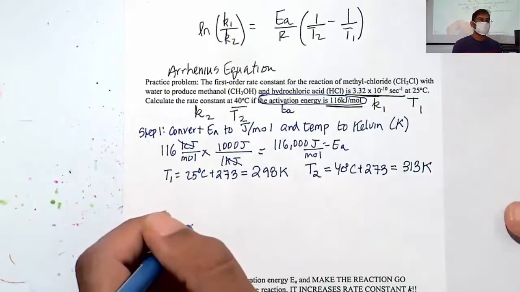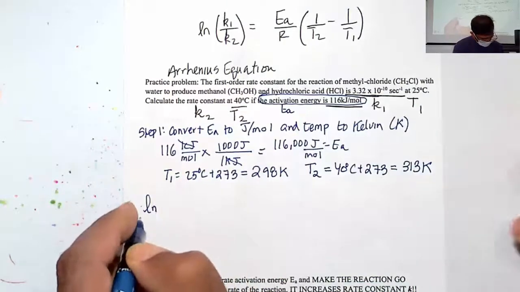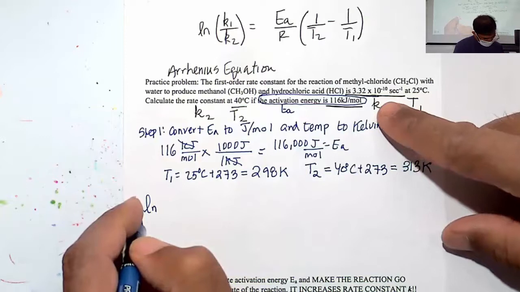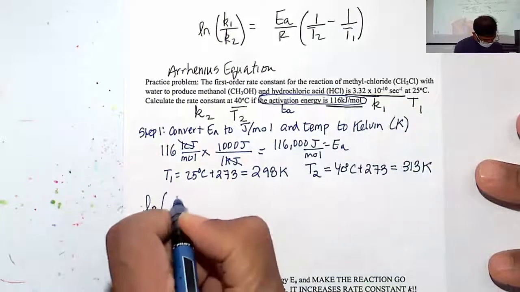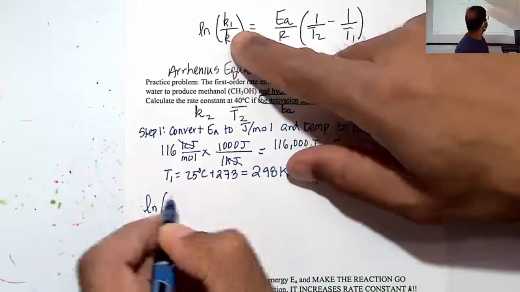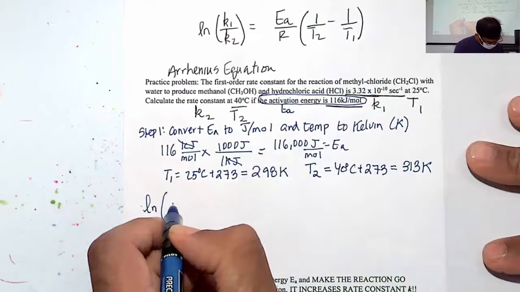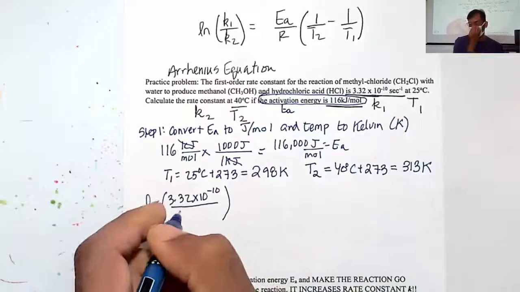Now we can plug everything into our equation. Natural log, I have K1 as 3.32 times 10 to the minus 10. Let's plug everything in. We don't need to put units inside the natural log.